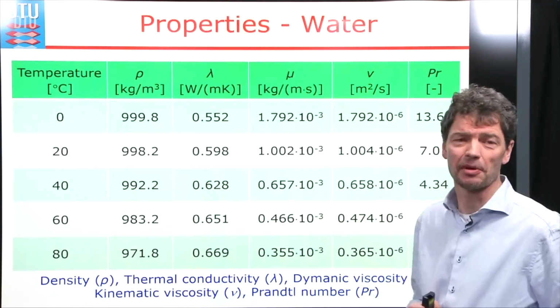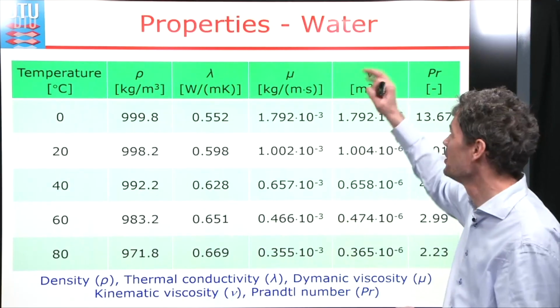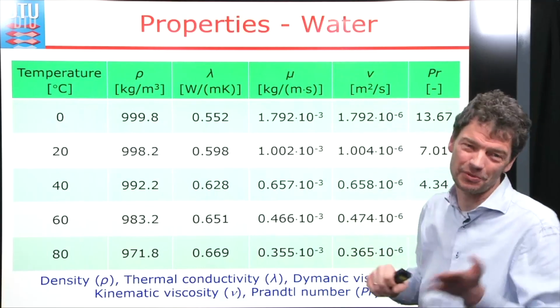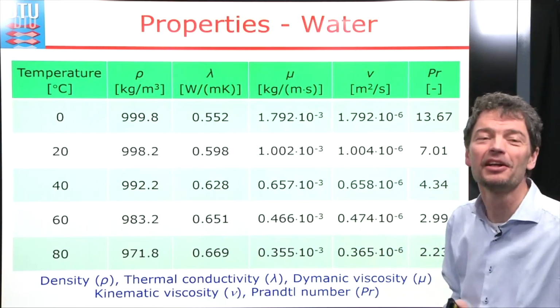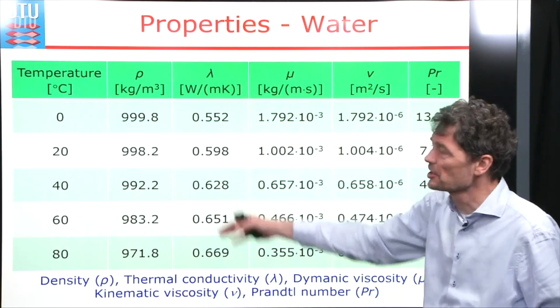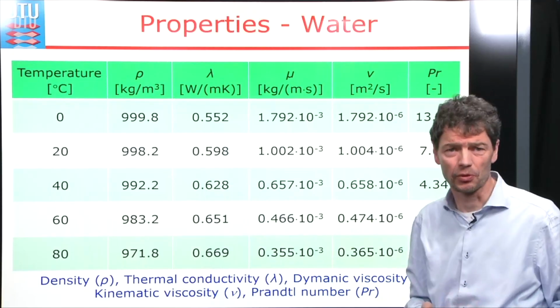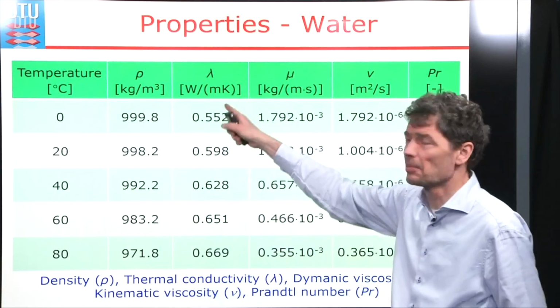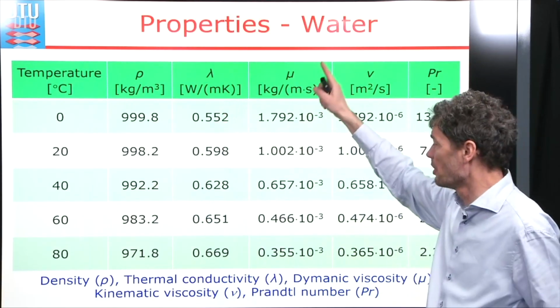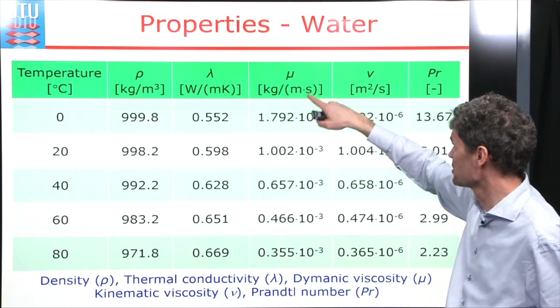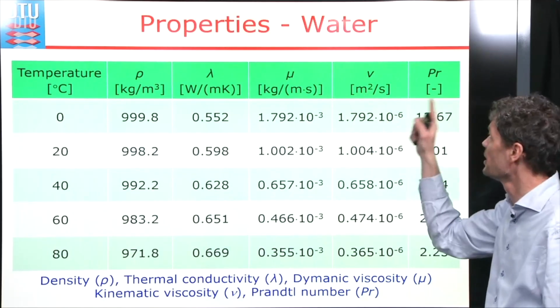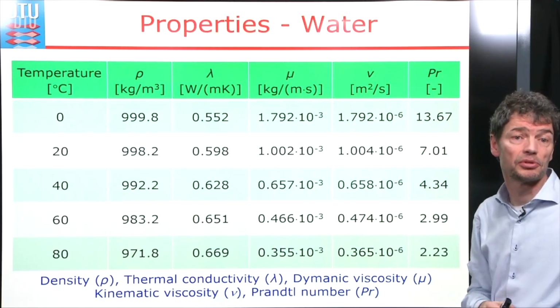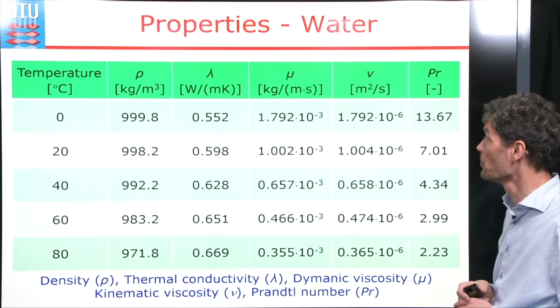We're going to use for some of the calculations, if we calculate flows for instance for water, which is a common fluid or liquid of course, some material properties for water: density, thermal conductivity, the dynamic viscosity and kinematic viscosity. And finally, we're also going to introduce the so-called Prandtl number here.